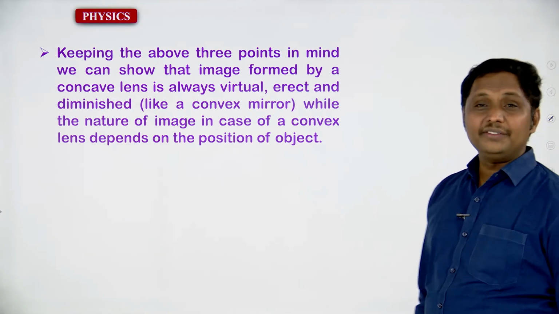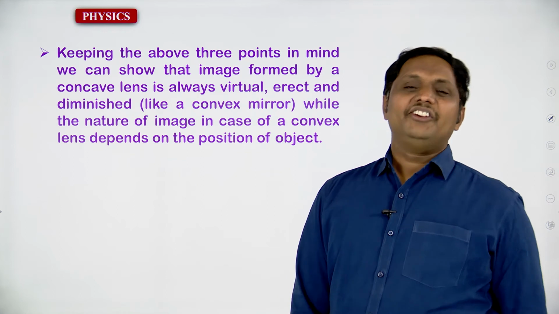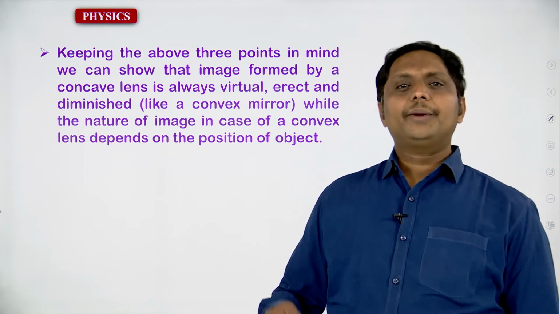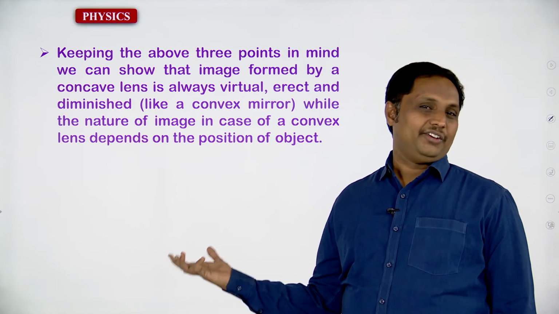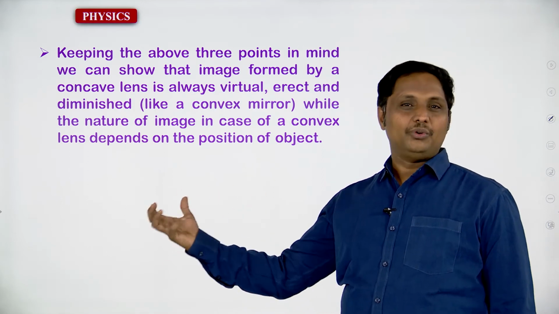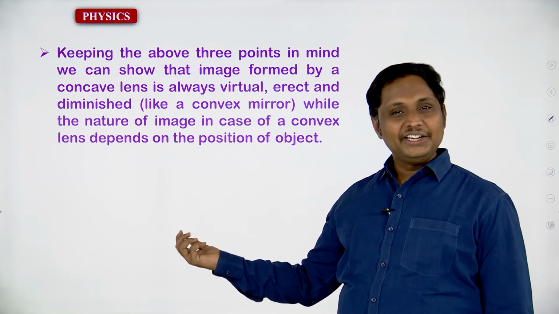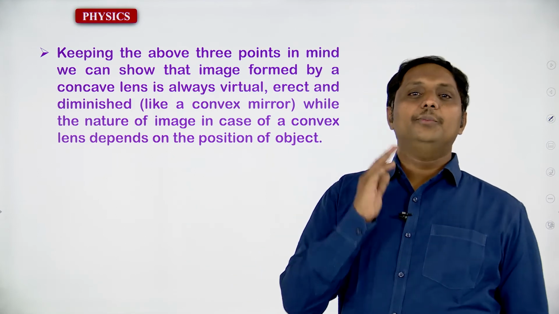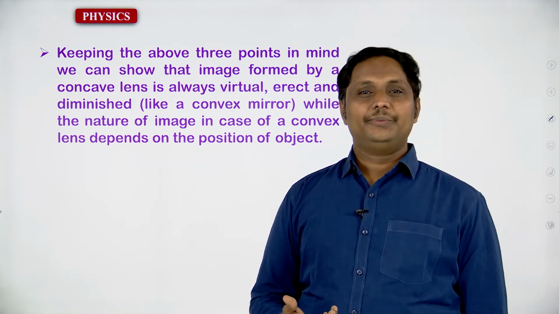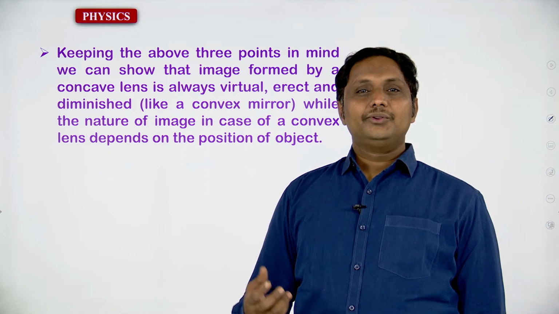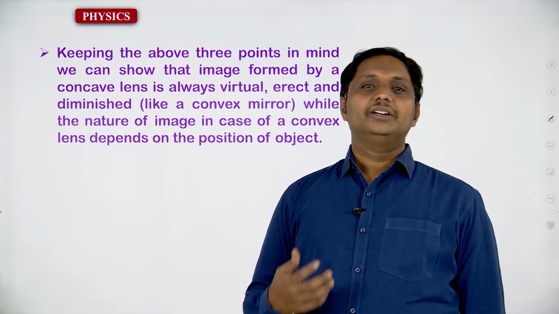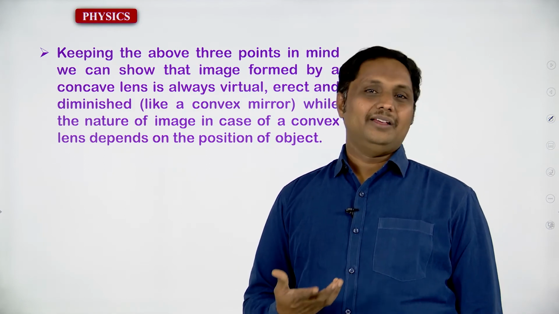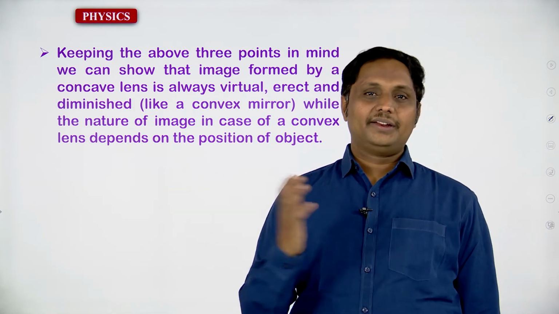You can keep in mind, just recap from the concave mirror and convex mirror. From mirror to lens, we identified the difference. In case of the concave mirror, it forms a real image after the reflection.